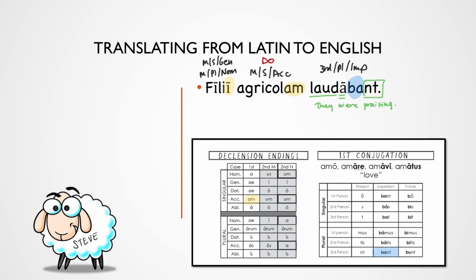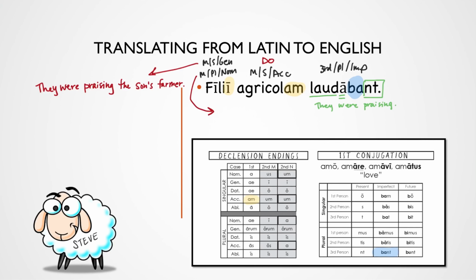It may actually work out, we'll see. Alright, if that is so, then we are going to translate starting with they. So they were praising the farmer of the sun. They were praising the sun's farmer. Maybe if the sun had a farmer working his land, but that's a little awkward, so let's try the other option and see if we get anything better.